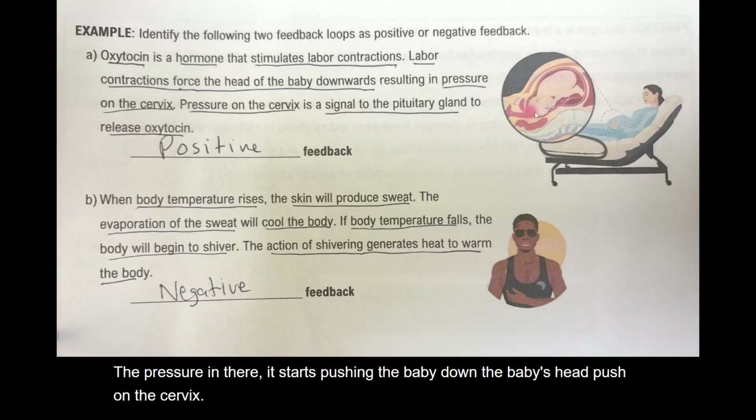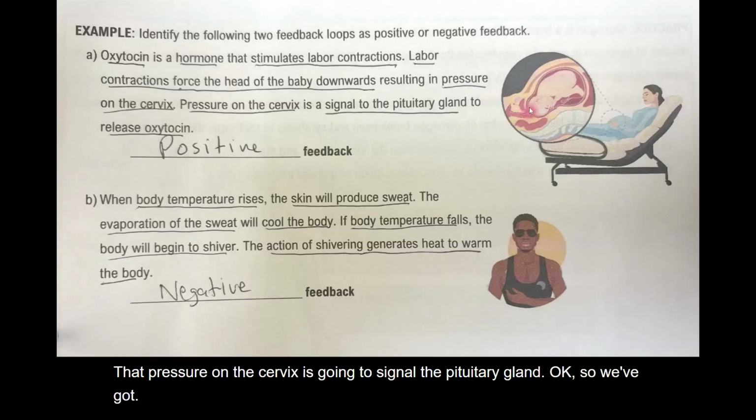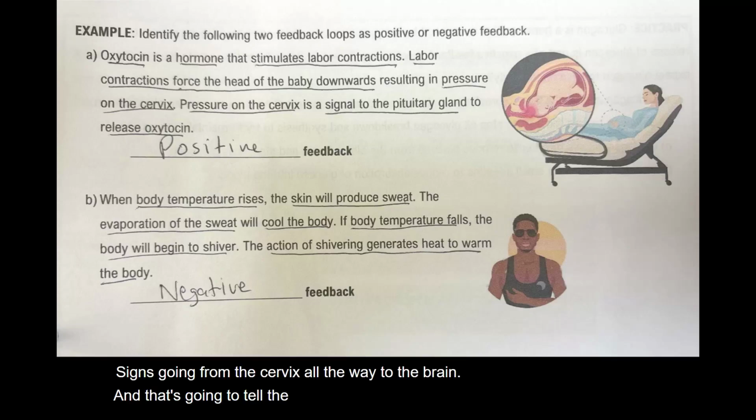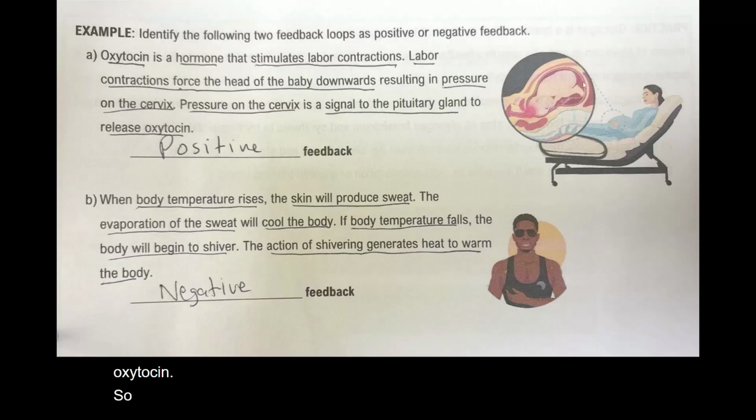That pressure on the cervix is going to signal the pituitary gland. Okay, so we've got electrical signals going from the cervix all the way to the brain, and that's going to tell the brain and the pituitary gland to release more oxytocin. So this kind of keeps it going. It's positive. It's all going the same direction.